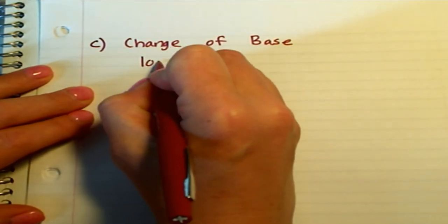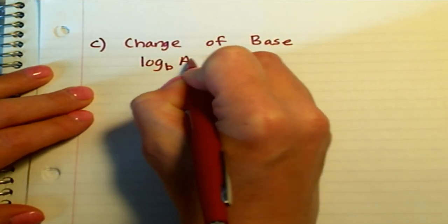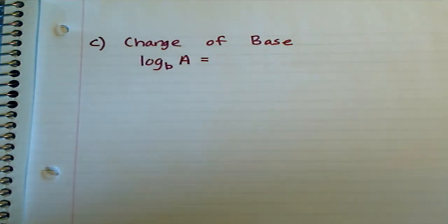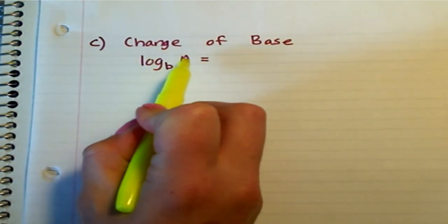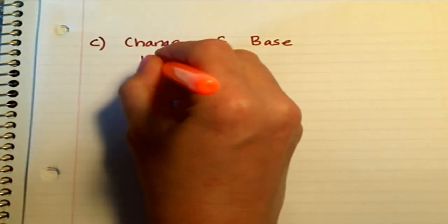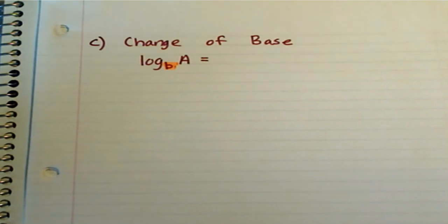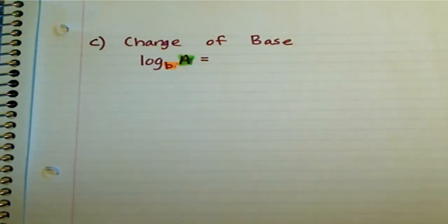So I'm going to give you the change of base formula. And I know that I told you initially that these pieces could not be separated. And they can't, right? A log has 3 pieces. The log, the base, and the A. Okay? So I'm going to highlight the base. And I'm going to highlight the A. Because I want to show you where these things are going to go.